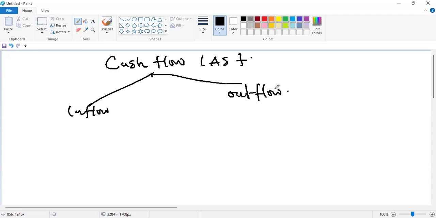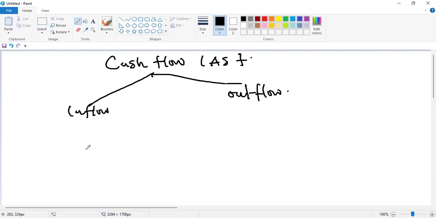I'll tell them that it is how the company generates cash, in form of inflow, and how they utilize the cash, in form of outflow. If you now ask me further, what is the statement of cash flow? I will tell them it's a statement showing how cash is being generated and how it's being utilized.